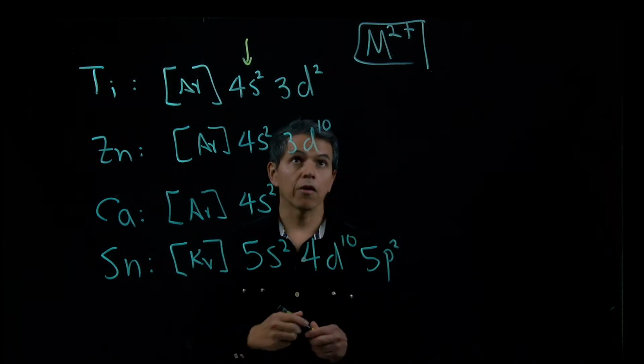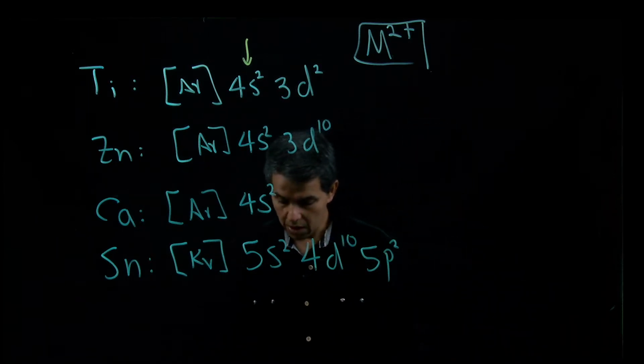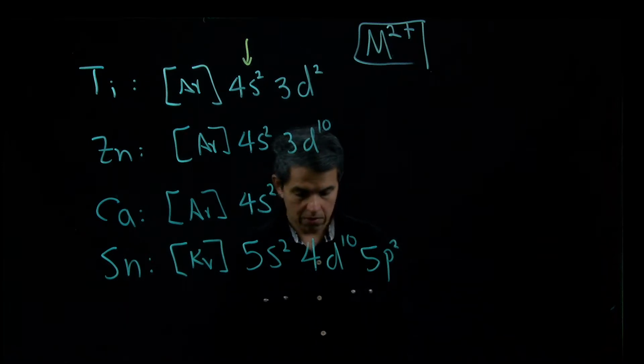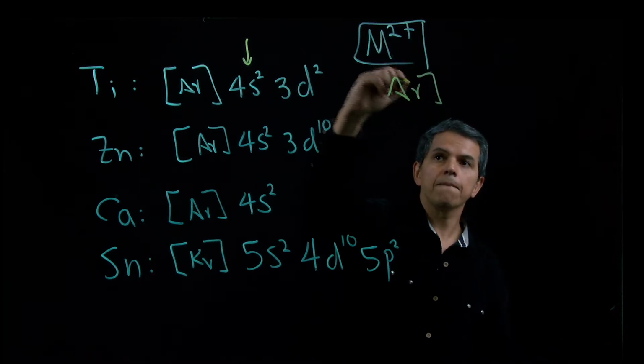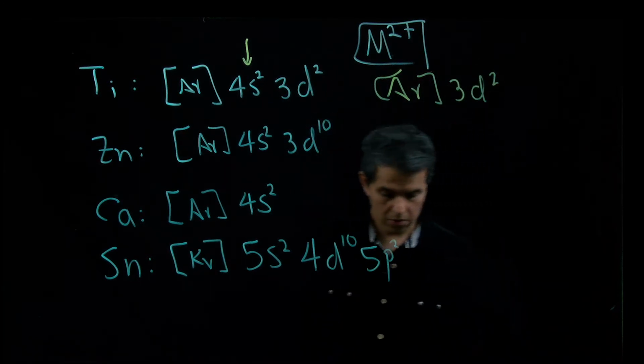So the electron configuration for the corresponding metal ion for titanium is going to be that of argon, 3d2.